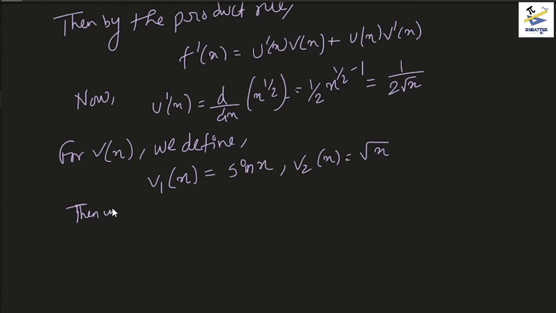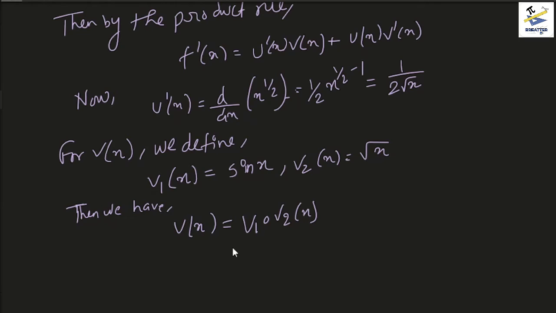Then we have v of x equals v1 composition v2 of x. Well, obviously v2 is equal to u, but we can just have a different name because it's in a different function, so it wouldn't matter that much.